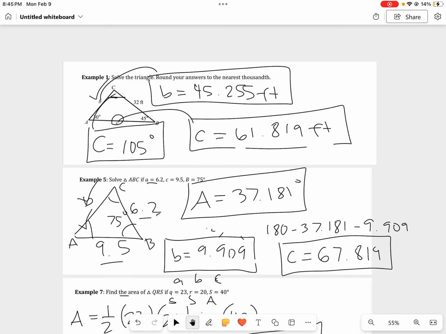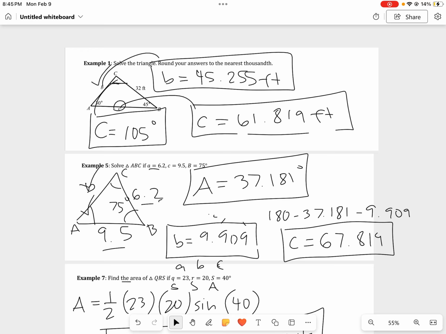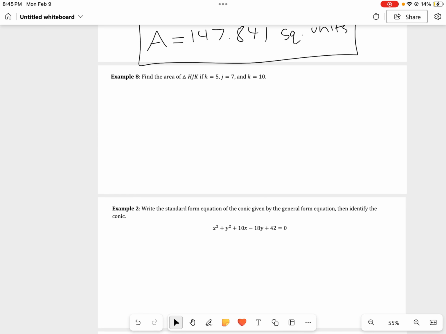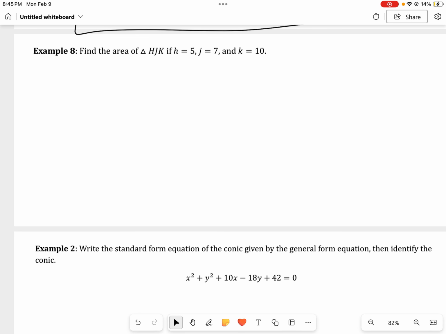Okay, so we got law of sines down, law of cosines down, area of oblique triangles. Let's see this one right here. Okay, there's another one, find the area of a triangle, except they give us side, side, side. And the easier way, obviously, Heron's formula.